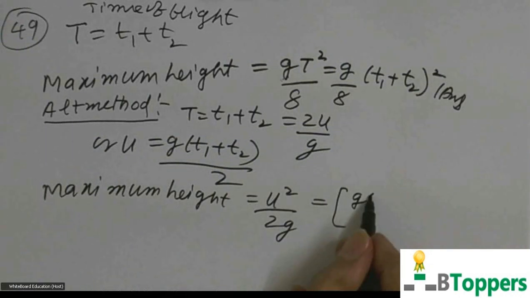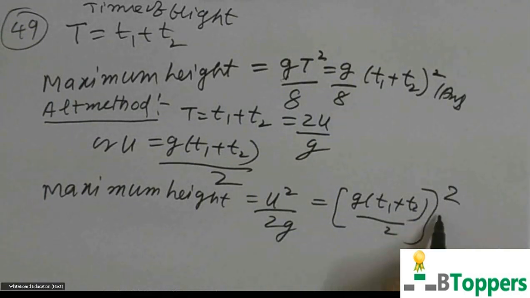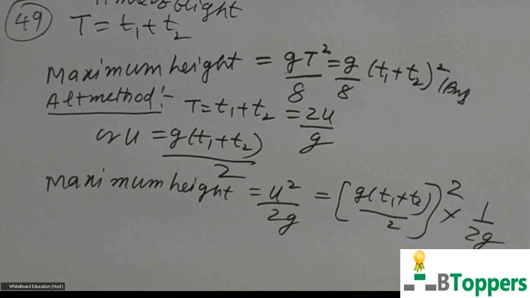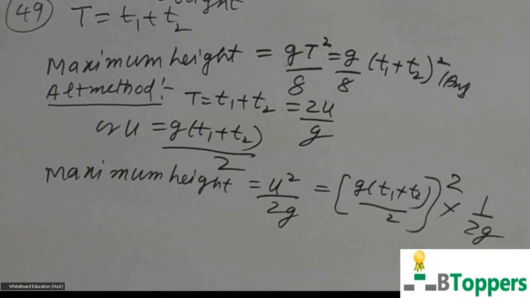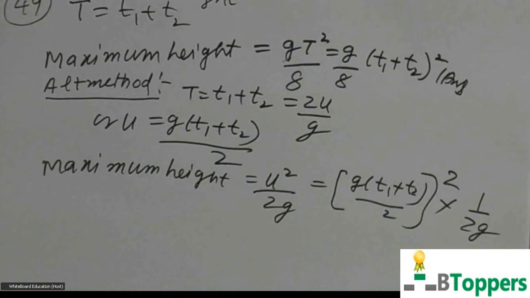You can substitute U equal to G into T1 plus T2 by 2. If you simplify this, you get the same answer which I discussed by the previous method. If you want to copy the solution of the problem, you can take a pause and copy the solution of the problem.